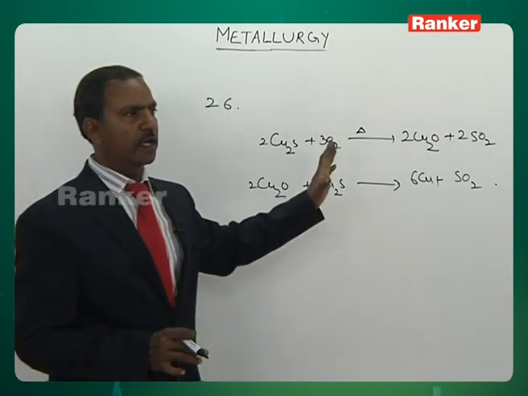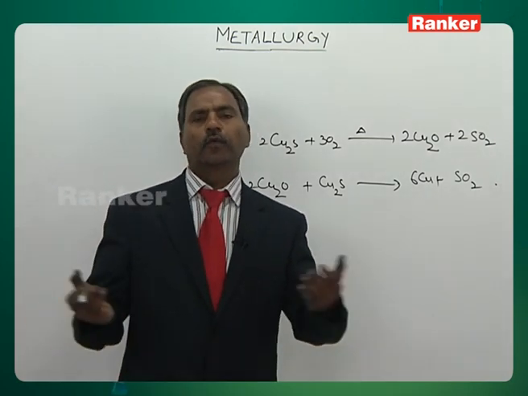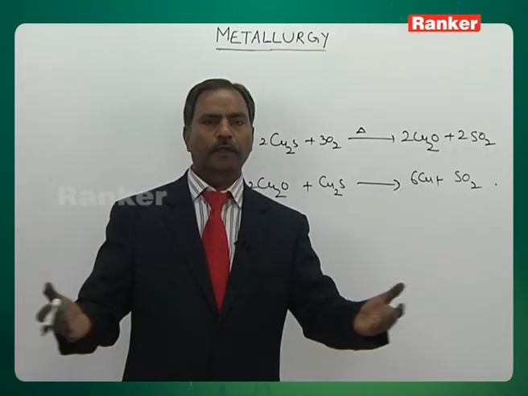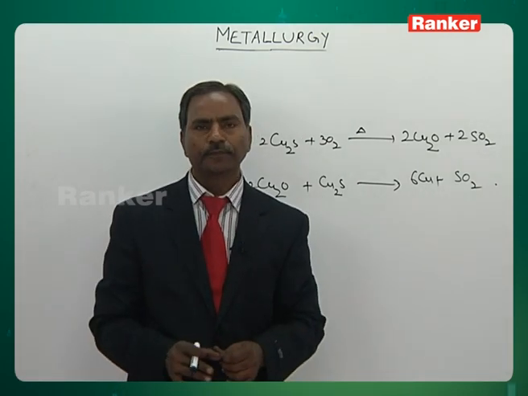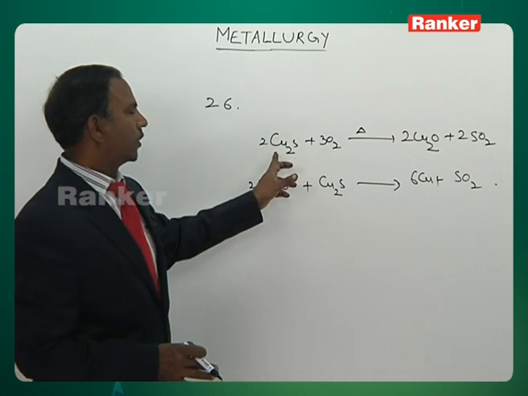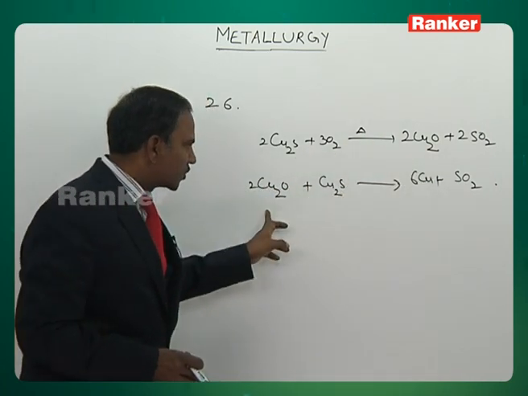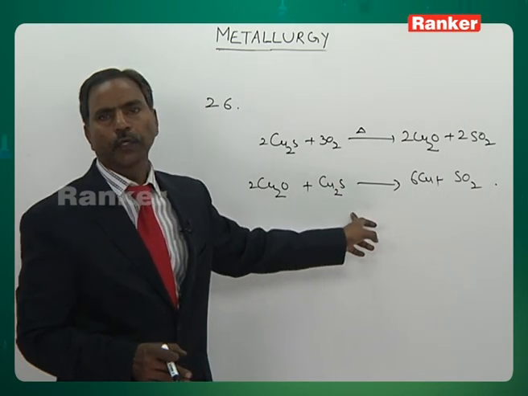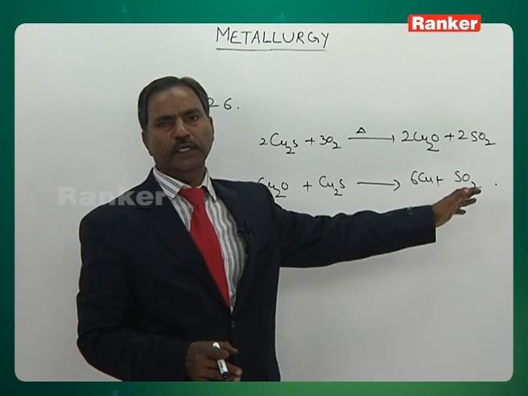This is only self reduction, meaning we are taking cuprous sulphide in a vessel and heating it in the open air. Then part of the sulphide is converted into cuprous oxide.